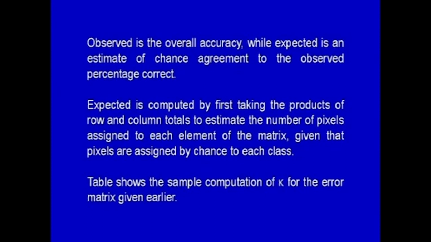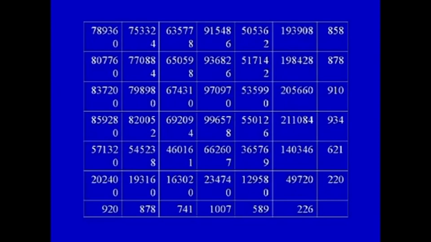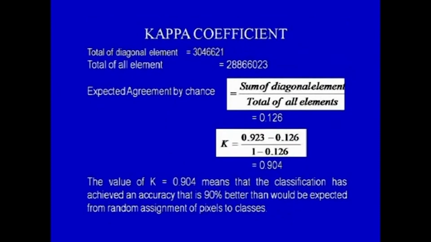wherein on the right hand side column, the total number of points which have been identified on the classified map and the row totals at the bottom, which are on the reference map, are taken to compute the expected agreement by chance, which is nothing but the sum total of the diagonal elements divided by total of all the elements, and on the basis of this we find that the kappa is equal to 0.904.